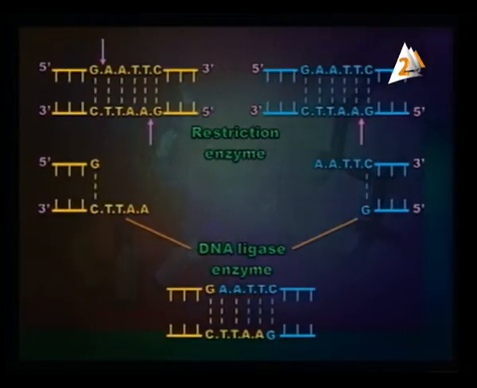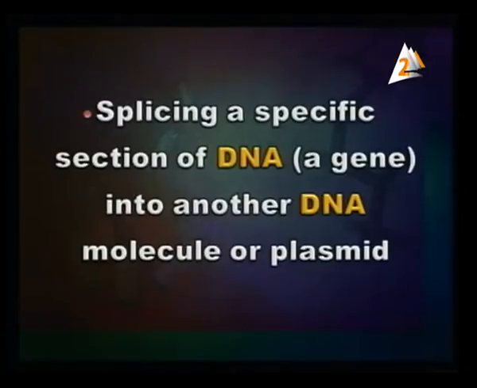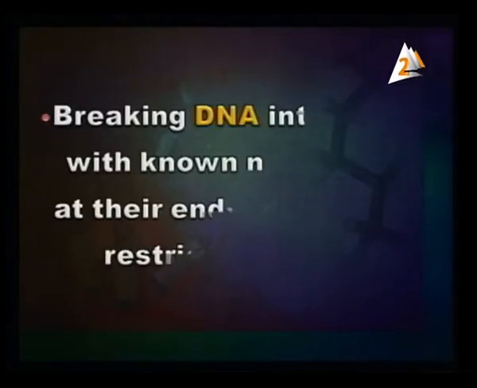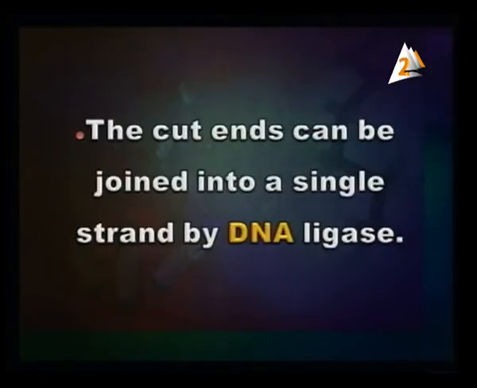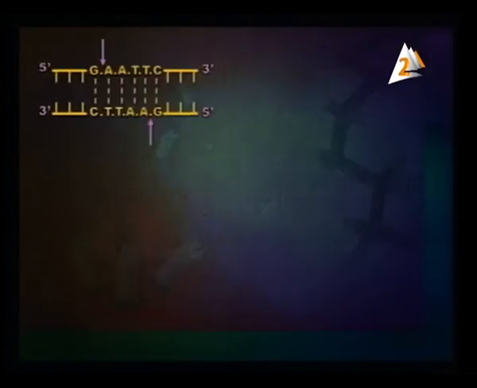But there is a very important condition: the second single strand must be produced by the same restriction endonuclease. Splicing of a specific section of DNA, a gene, into another DNA molecule or plasmid. Breaking DNA into pieces with known nucleotides at their ends by the same restriction enzyme. The cut ends can be joined by DNA ligase.